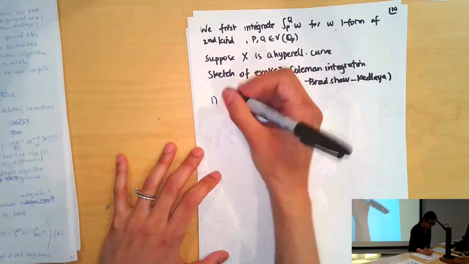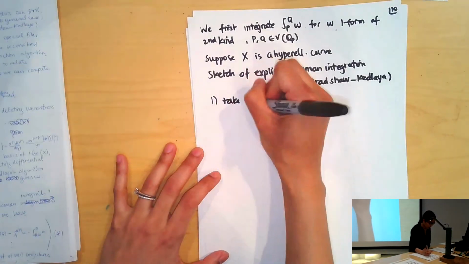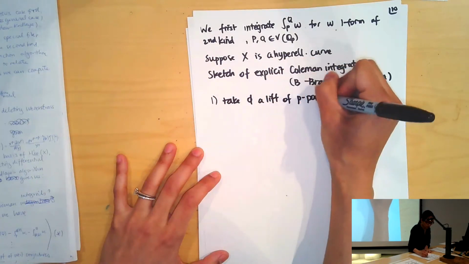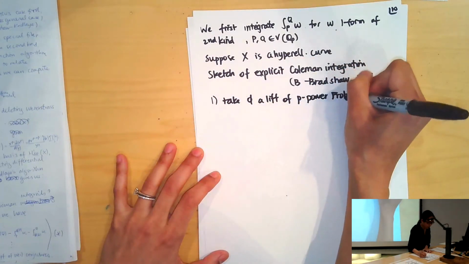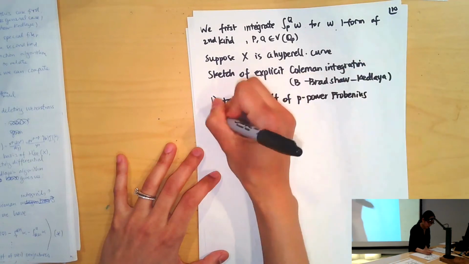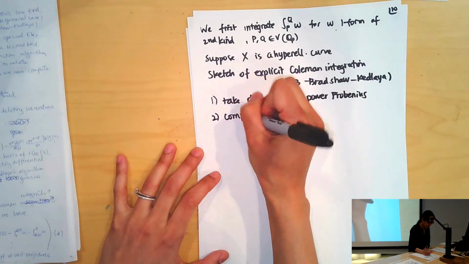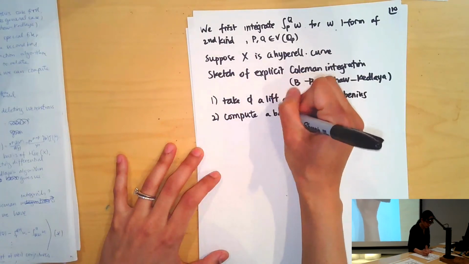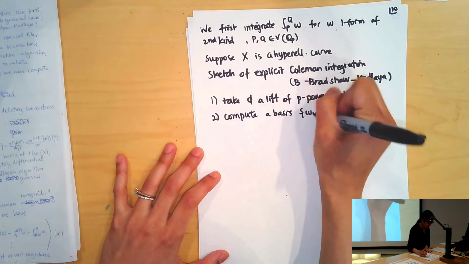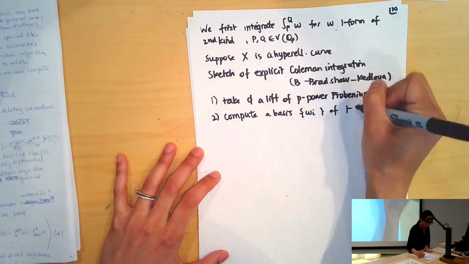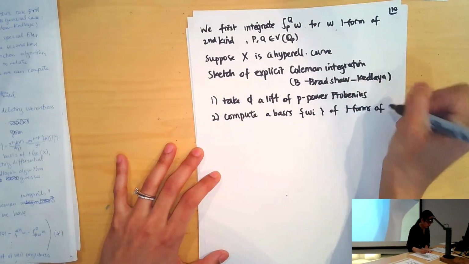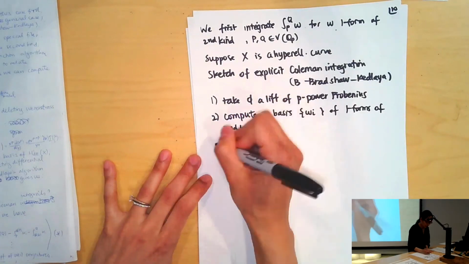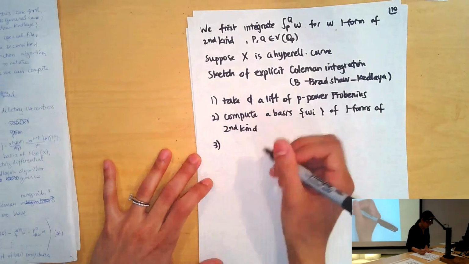So we first take phi, a lift of p-power Frobenius. And we're going to compute, I'll tell you what that looks like in a second, a basis omega_i of one-forms of the second kind, so a basis for H^1 de Rham, if you will.